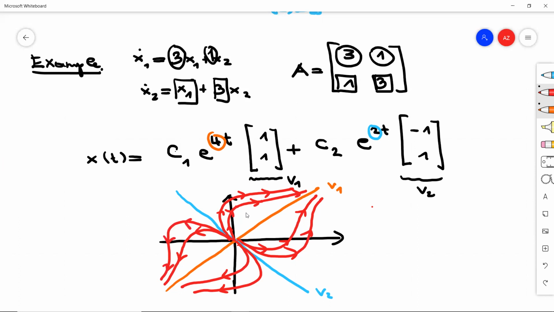In this case, the origin is called the source, because those curves are moving out of the source as time grows.